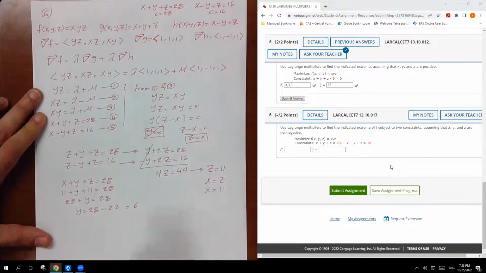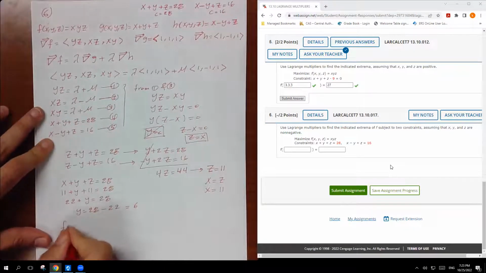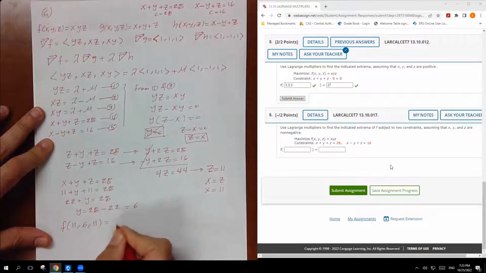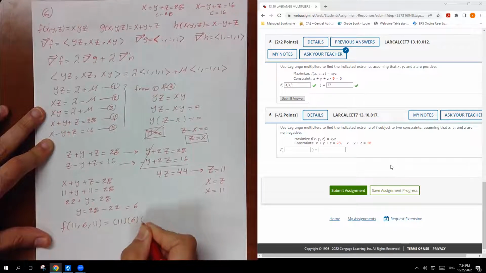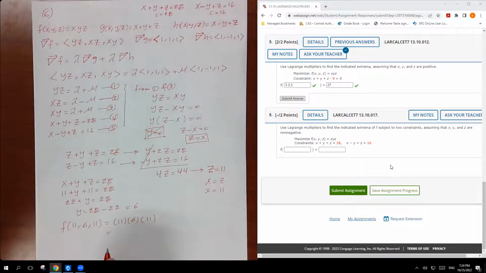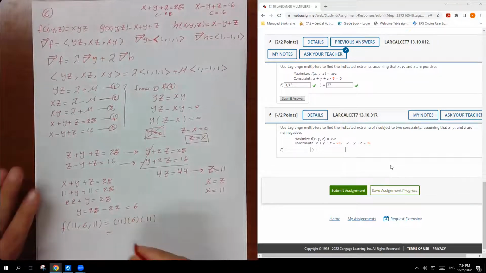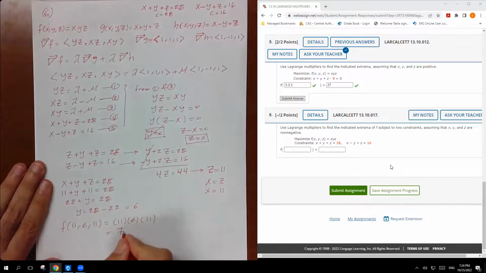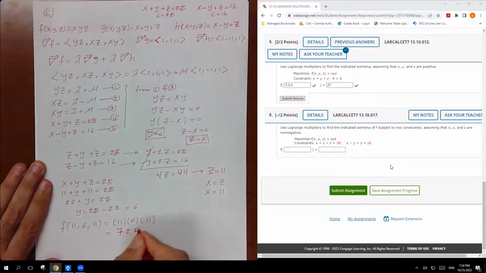So we found x, y, and z. That means f of x, y, z is going to be x times y times z. And this one is going to be equal to 11 times 6 times 11, which is 726.